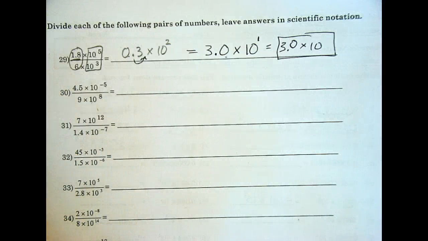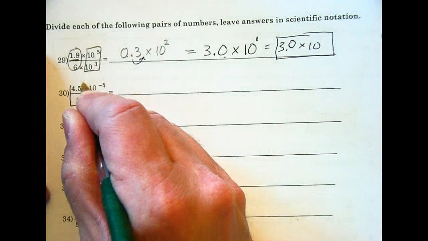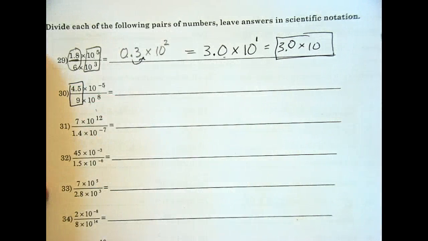Hey, everyone give 30 a shot. We'll go through it. Okay, 4.5 divided by 9.